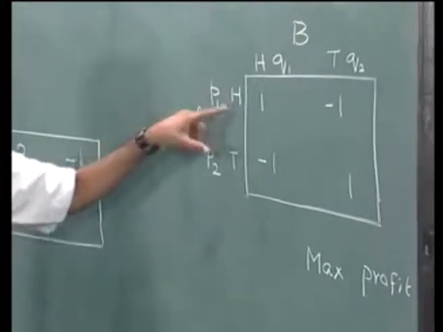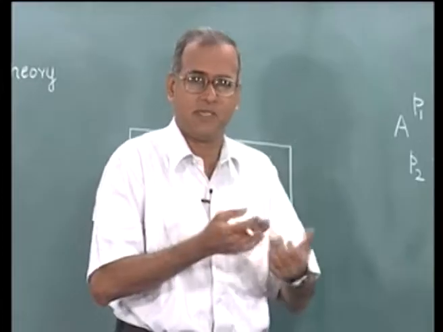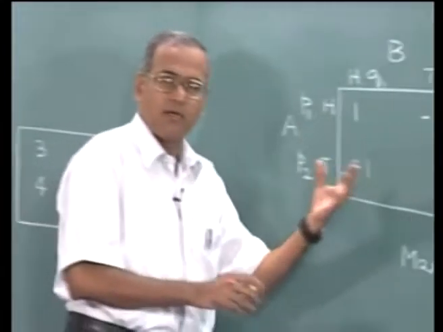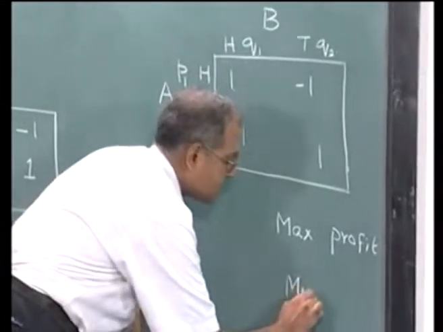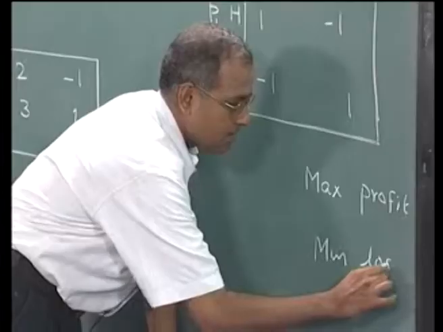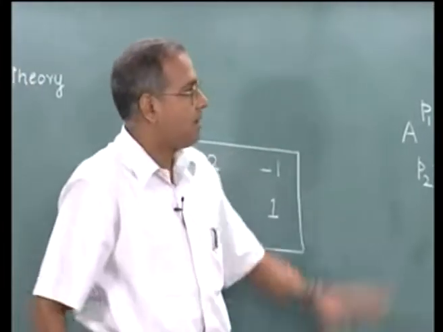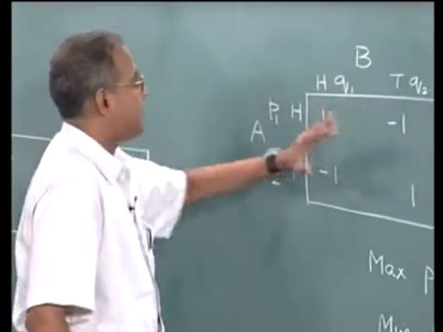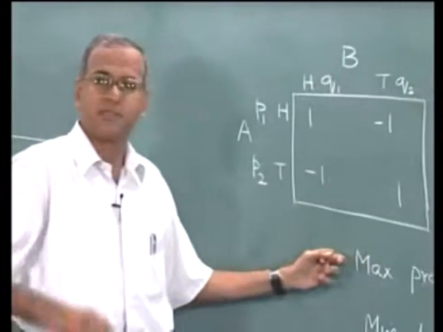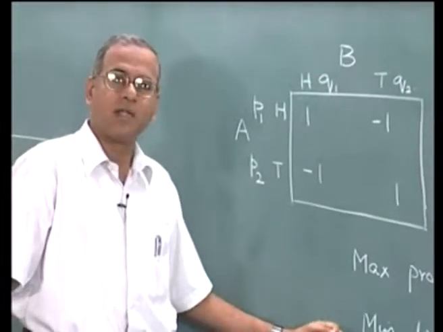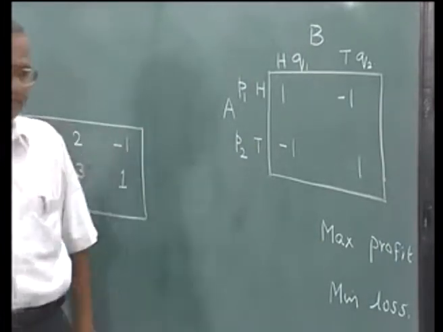So, A will always try to play in such a manner that A is trying to maximize A's profit, and B, who also wants to win, would obviously like to minimize B's loss, which means B maximizes B's profit. Because this matrix, the payoff matrix, is written for A, we would say that A would like to maximize A's profit and B would like to minimize his or her loss.